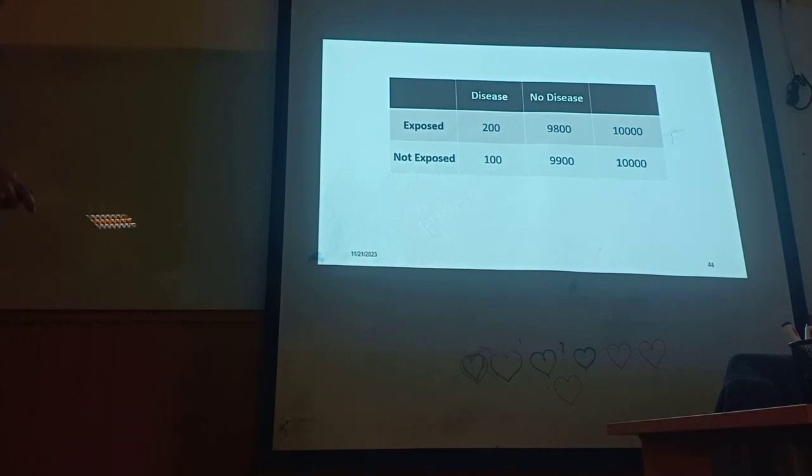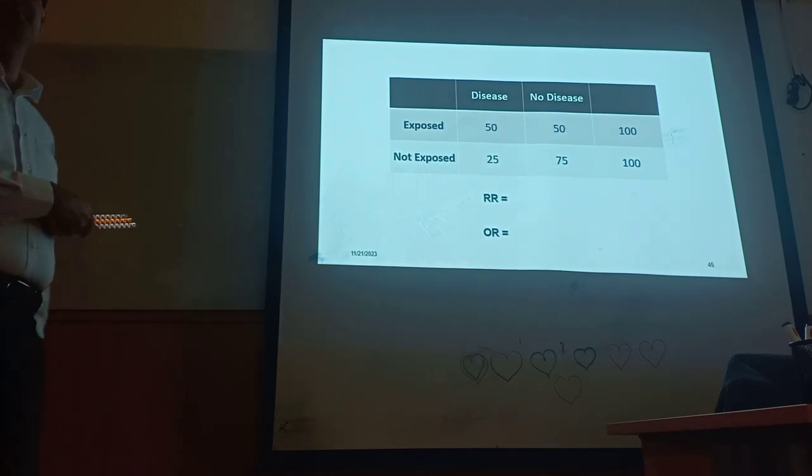So odds ratio is 2.0, and risk ratio is 2. So odds ratio in this case is a good estimate of risk ratio. Why? Because the disease is rare.